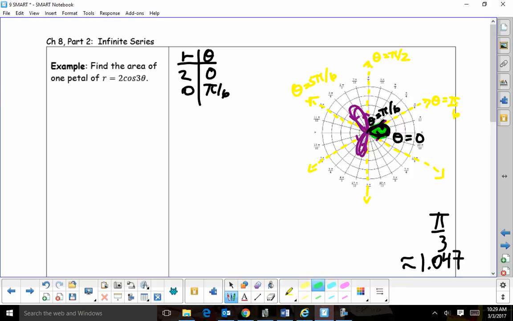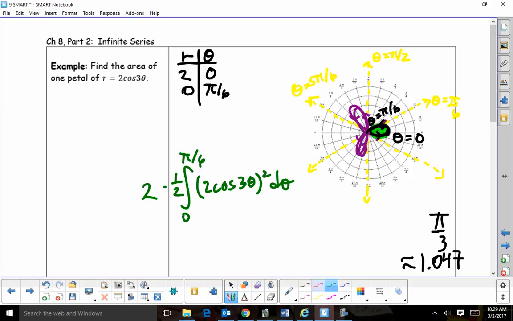So for me, I thought it was easier to go from 0 to pi over 6 and then double it. So I only took half the petal and doubled. 0 to 2 pi would go all the way. It'd find everything.